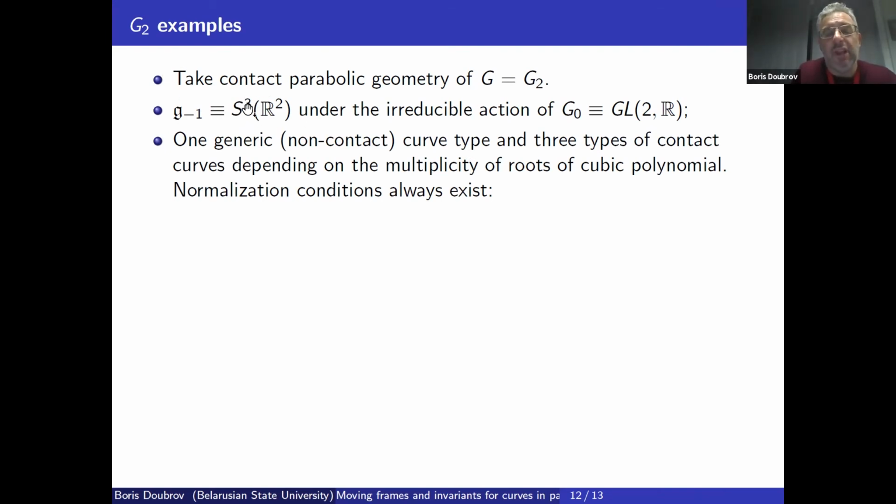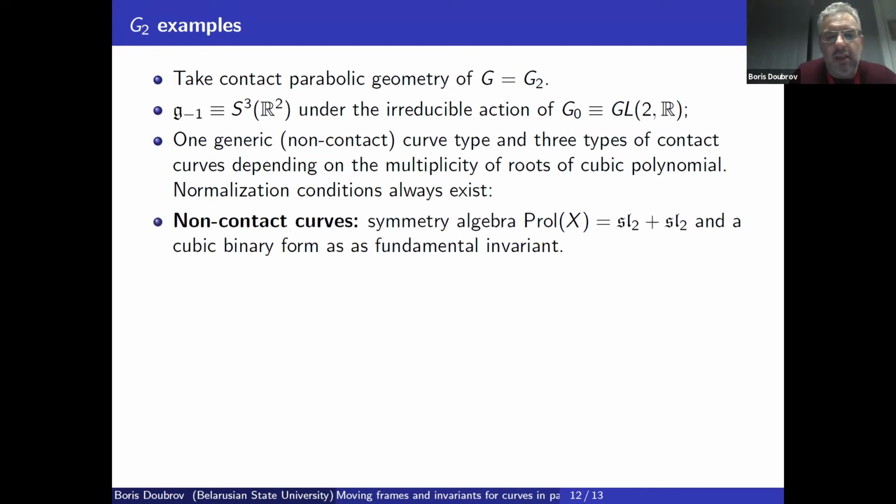Well, the tangent line will sit in this S^3 R^2, and will be essentially a cubic polynomial or cubic binary form, and depending on the multiplicity of roots, we'll have 3 different cases: triple root, double root, and single roots. And this is what we did last time, and I will bring back the pictures in a second.